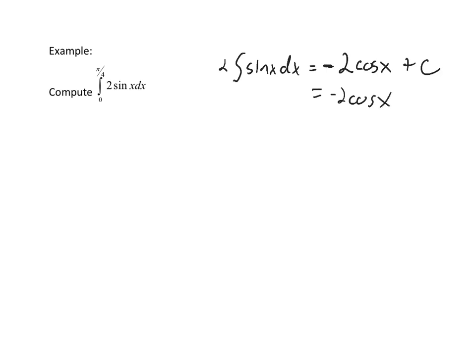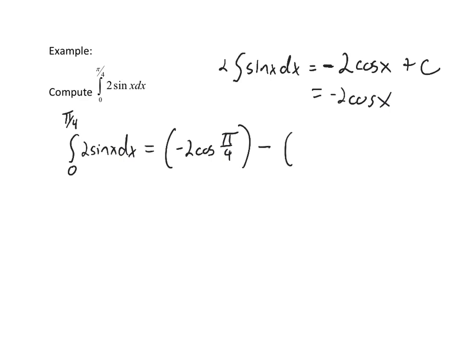So to evaluate this definite integral from 0 to pi over 4 of 2 sine x dx, we're going to plug pi over 4 into negative 2 cosine x, minus plugging in 0: negative 2 cosine of 0.